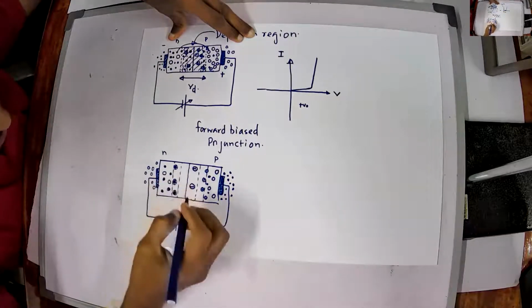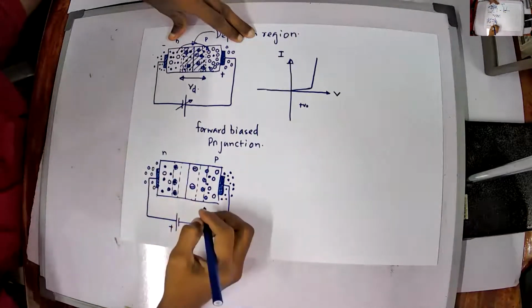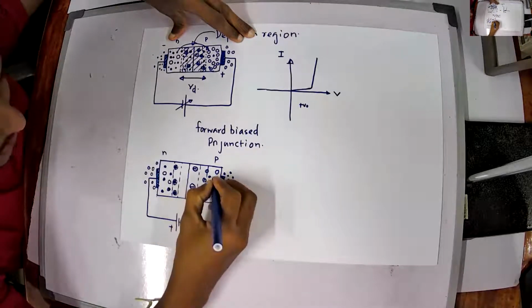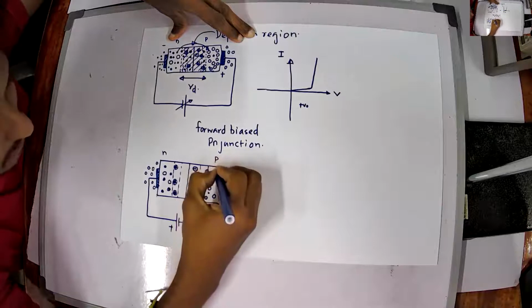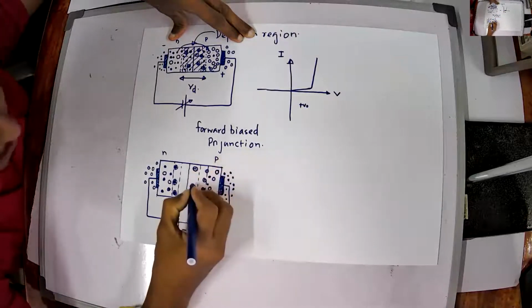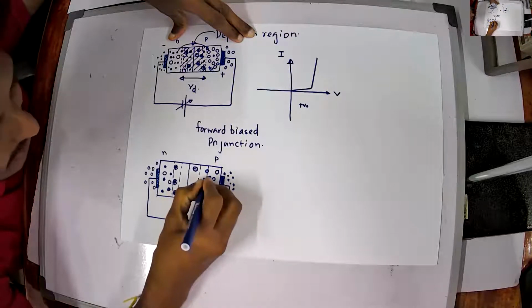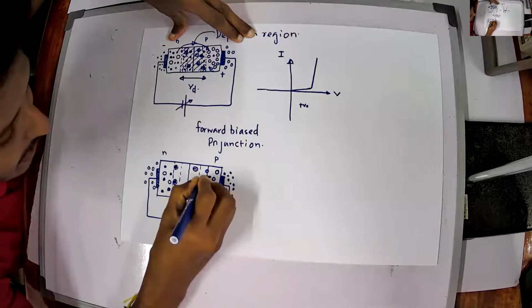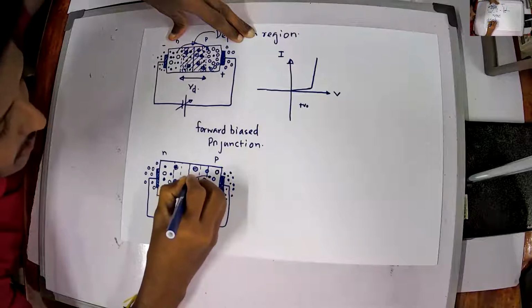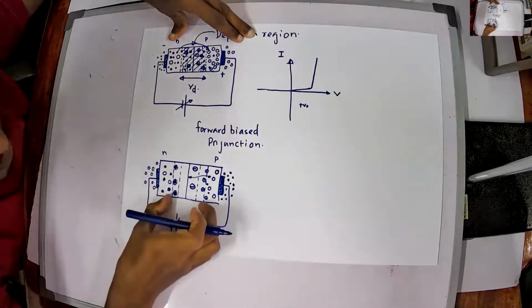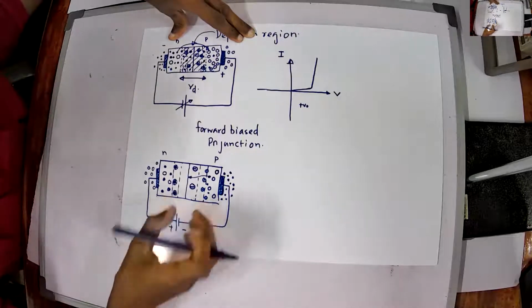Under these conditions, the majority carriers at P type are holes, but due to the presence of these minus ions, the minority carriers can diffuse through the wider reverse bias junction.